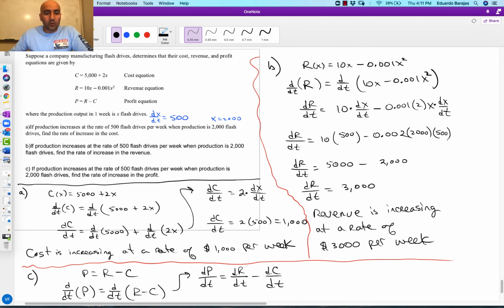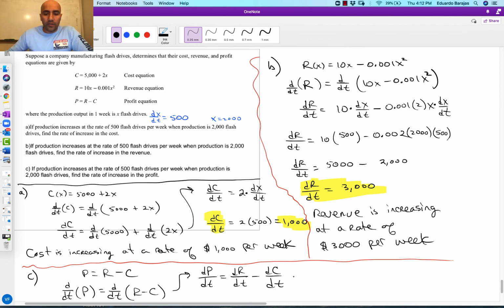And so this is the one we're interested in, and these two we just found. dr/dt is right here. And right over here we have dc/dt. dc/dt is equal to 1,000.